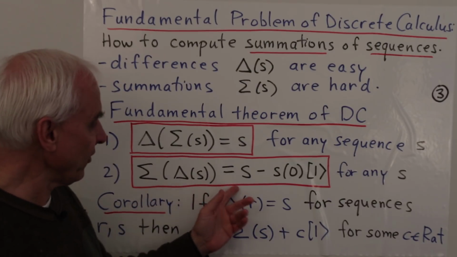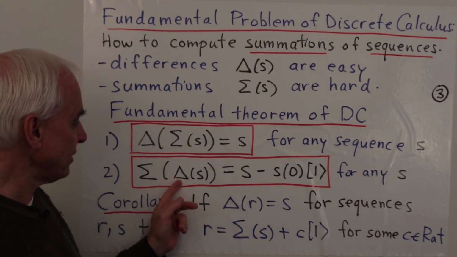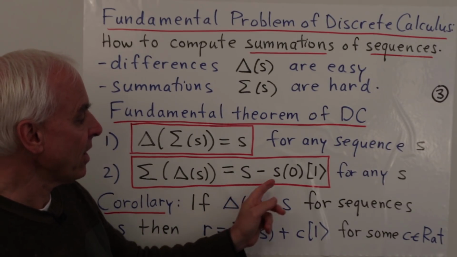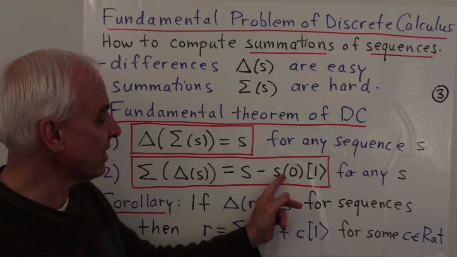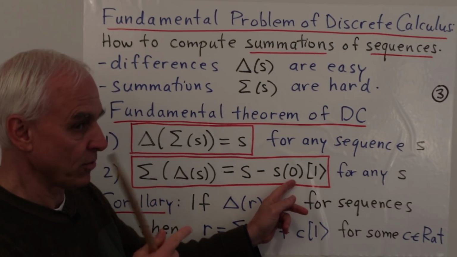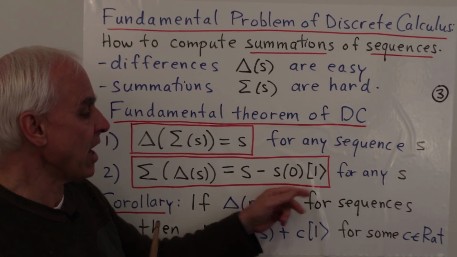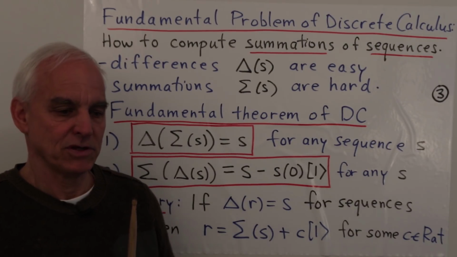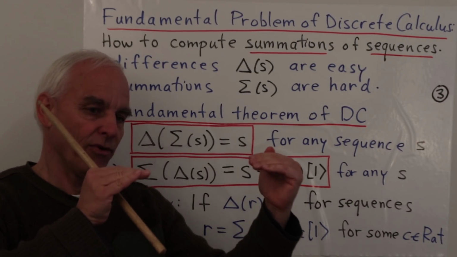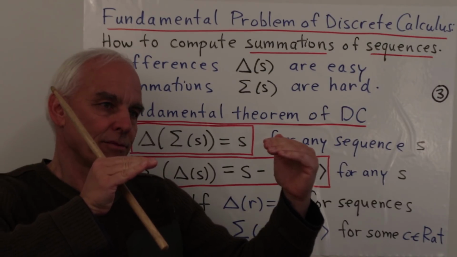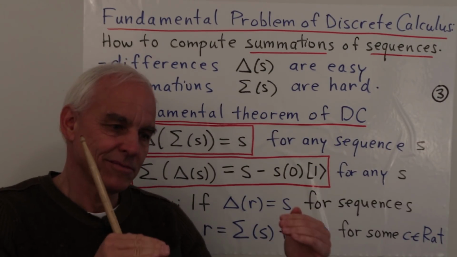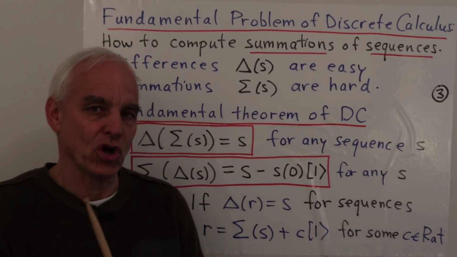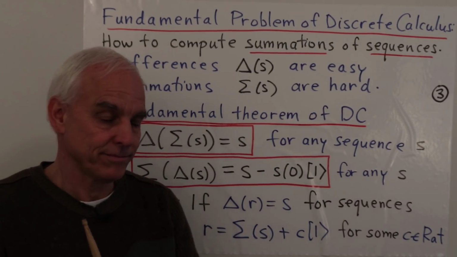So the theorem is that the summation of the difference of S is S minus a certain constant, S of 0, the 0th term of the sequence, times the constant sequence of 1. So it's basically the original sequence S, but adjusted by a constant sequence, so that the first term is 0.